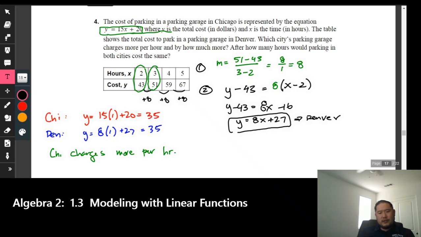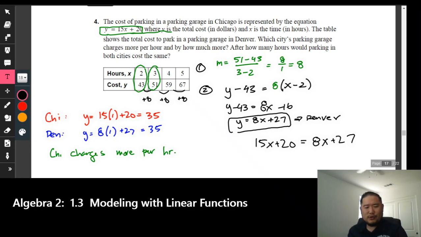We can use the substitution method. We can set both of these equal to each other, because they both have y, and that'll allow us to solve for x. If they're equal, that's when things are the same, right? So the best way to solve this is by setting them equal to one another.